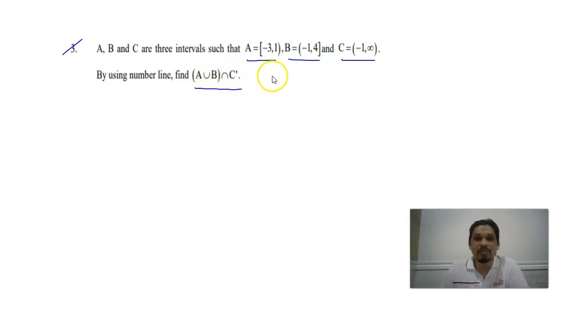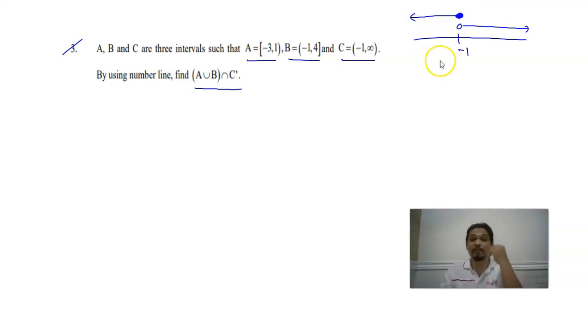Okay, C complement means that if C is -1 to infinity, then the complement or C prime is which is not C. Then C prime, which is not C, means that it is from -1 to infinity.